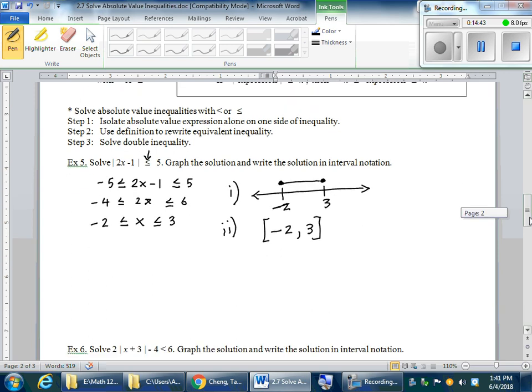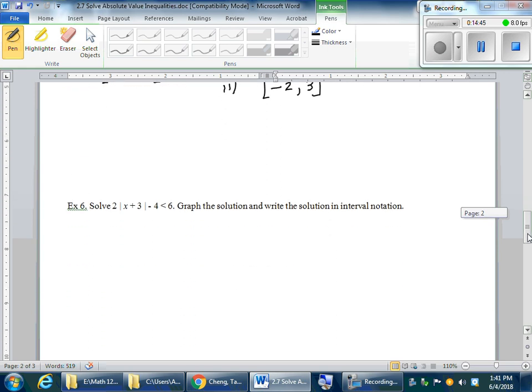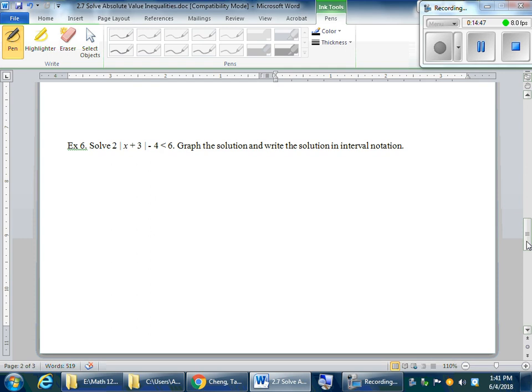Let's go to the next example. Solve 2 times absolute value of x plus 3 minus 4 is less than 6. So first we need to isolate the absolute value by itself before deciding which equivalent statement we need to use.